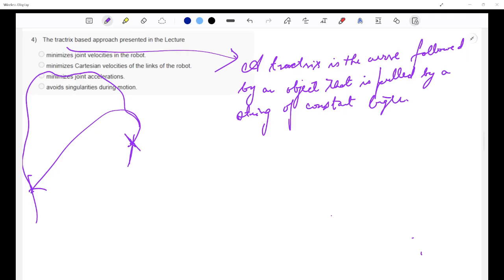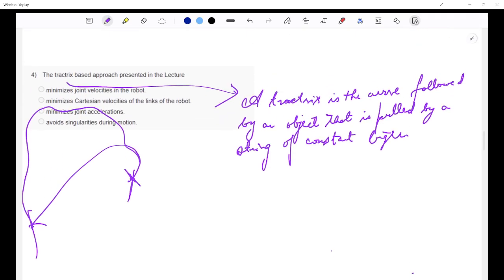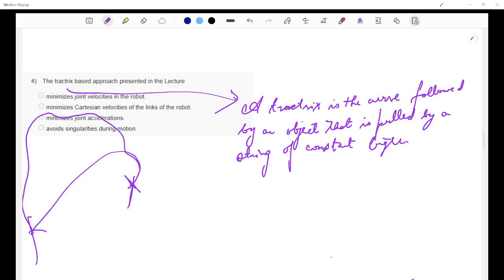So our goal is to produce minimal unnecessary motion. What does that mean? That means that we want to reduce the Cartesian velocity of the intermediate links. The goal is to minimize motion of the robot links in Cartesian space. This leads to a smoother, more efficient motion.